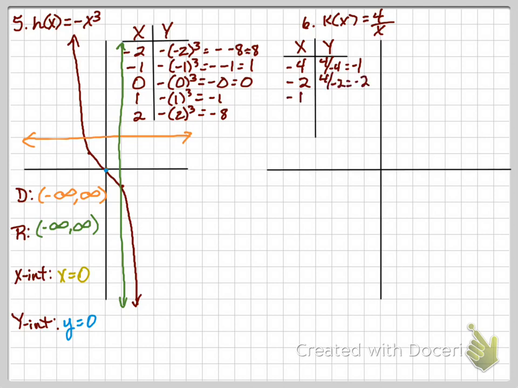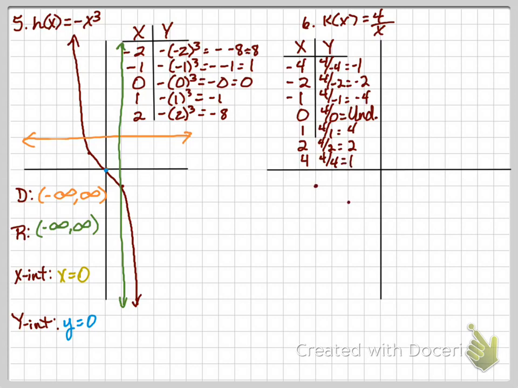So if x is -4, I get a y value of -1. If x is -2, I get -2. -1 gives me -4. At 0, can't divide by 0, so that is undefined. That is our line of asymptote. 1 gives me 4, 2 gives me 2, 4 gives me 1.